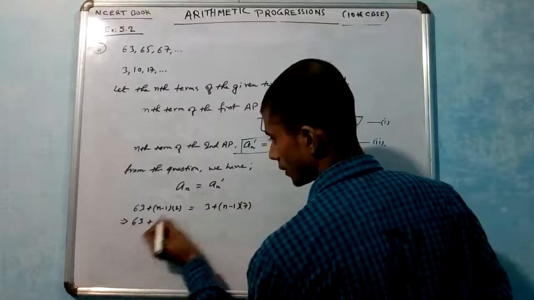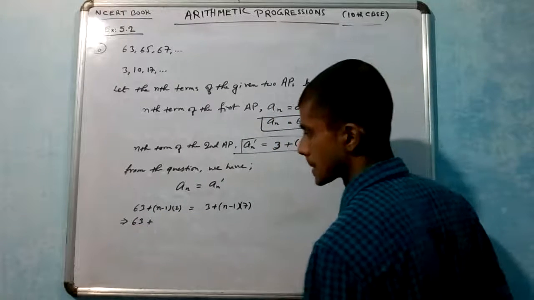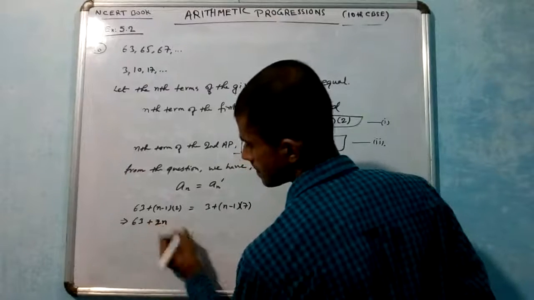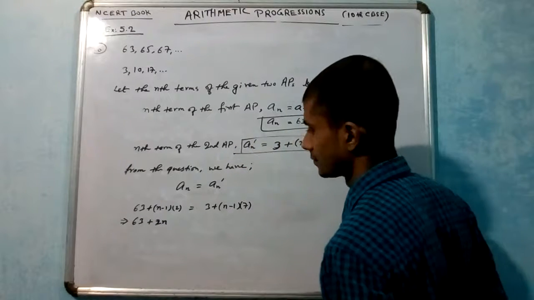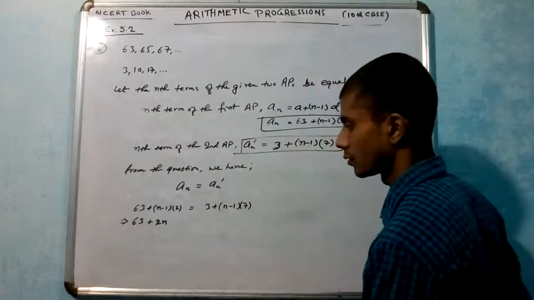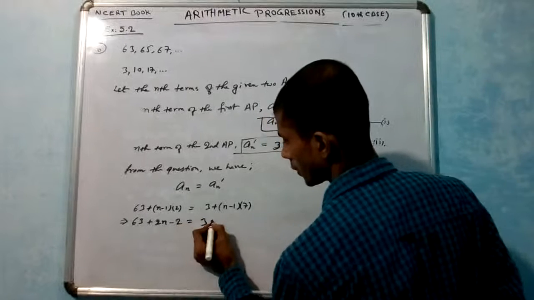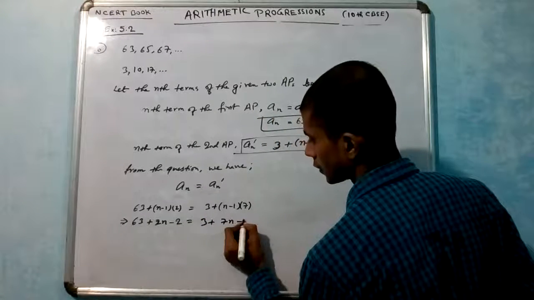So 63 plus, open this bracket, 2n minus 2 is equal to 3 plus 7n minus 7.